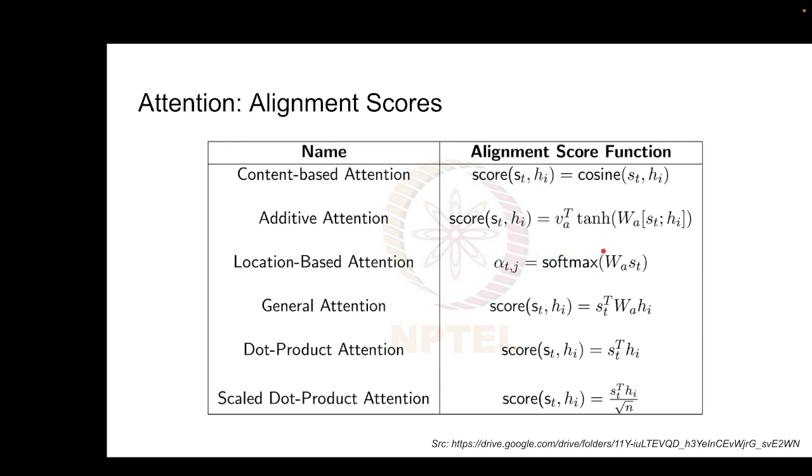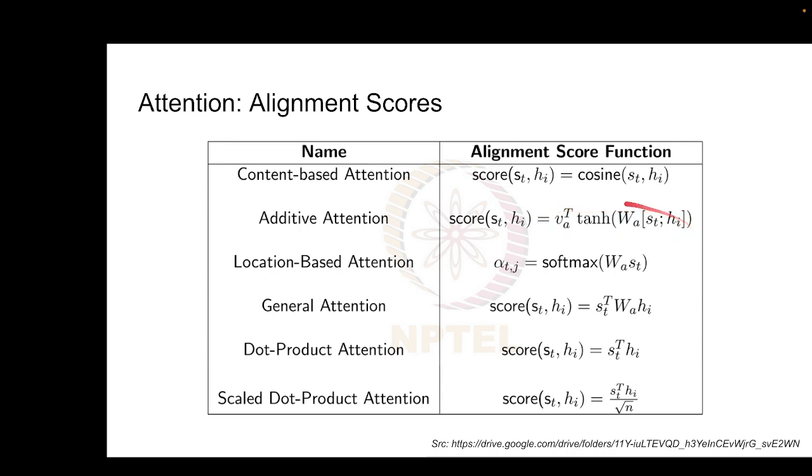So some of them, instead of using these matrices which are unlearnable, basically they are fixed matrices, they have a fixed mathematical formula. So one way is that you use these and compute the similarity scores. The other is that you learn the similarity between two vectors, in this way. So this is called additive attention.